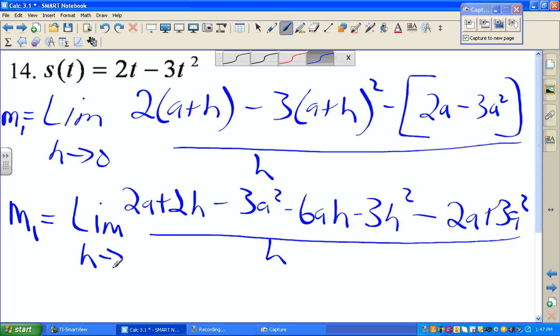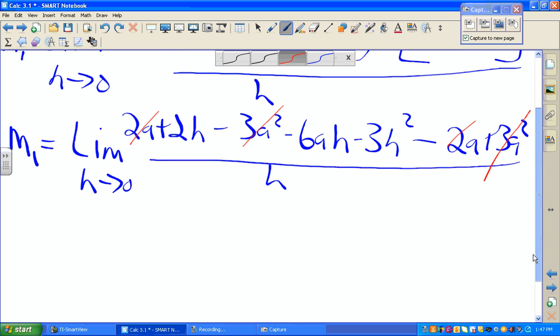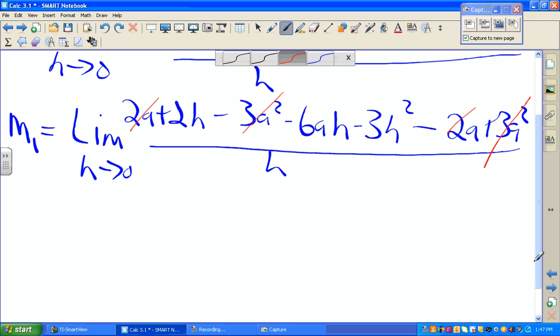Close on my algebra? The a's go. Same with the 3a squareds. Remember, after that step, you should have nothing left except for something that has an h in it. Every term should have an h in it. It's built that way to be successful.